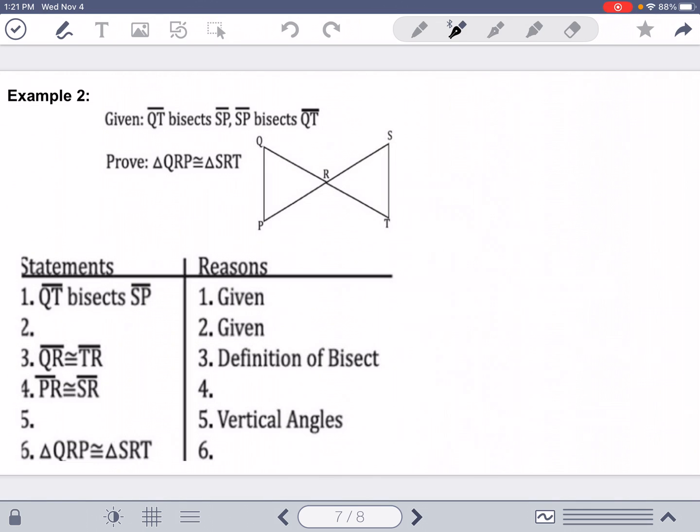So example 2, I'm given that QT bisects SP and SP bisects QT. What does that mean? That means they cut each other in half.